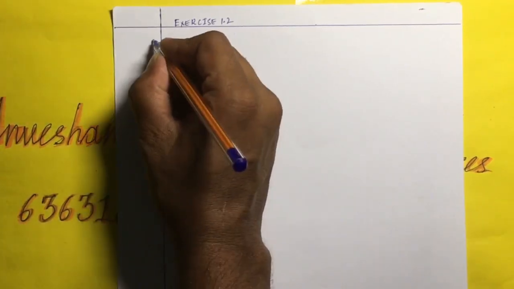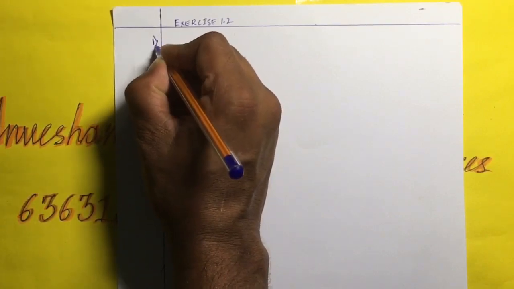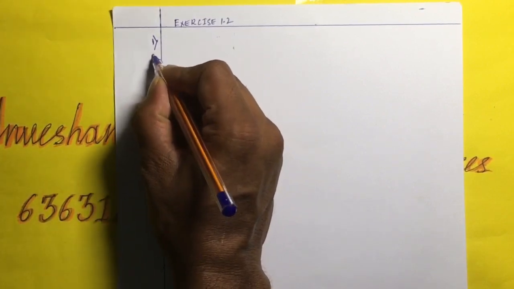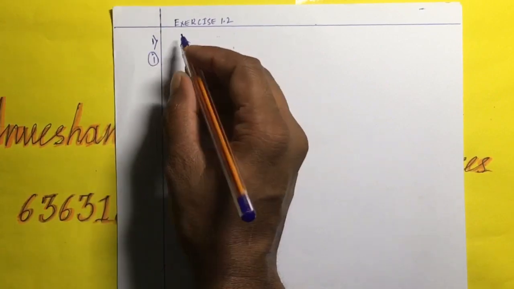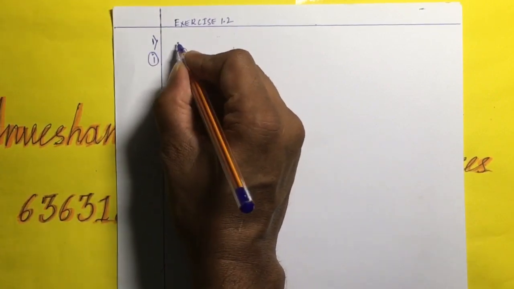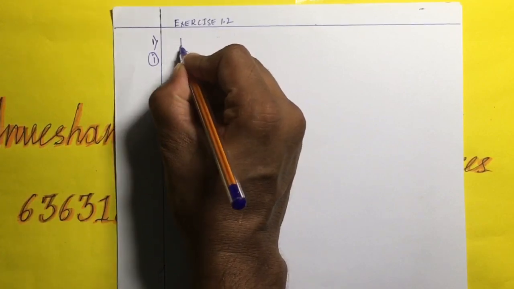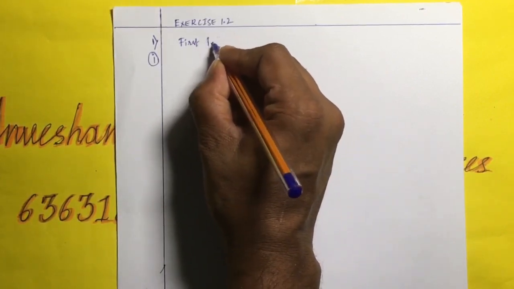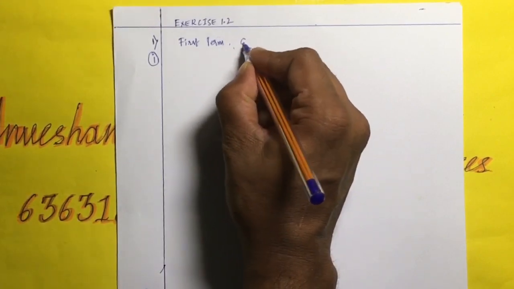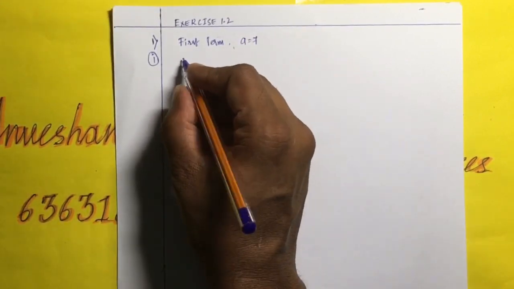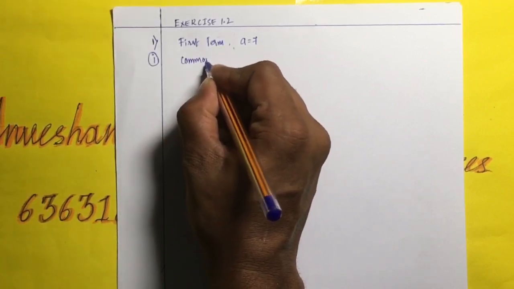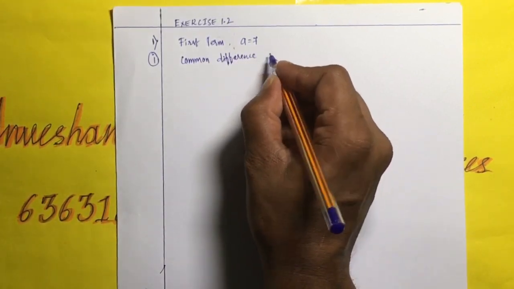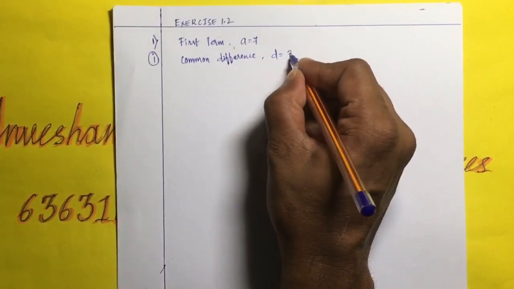In question number 1, that is the first one, here the first term is given, a is equal to 7, and common difference d is equal to 3.